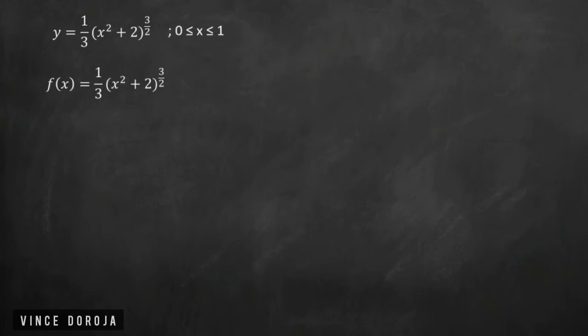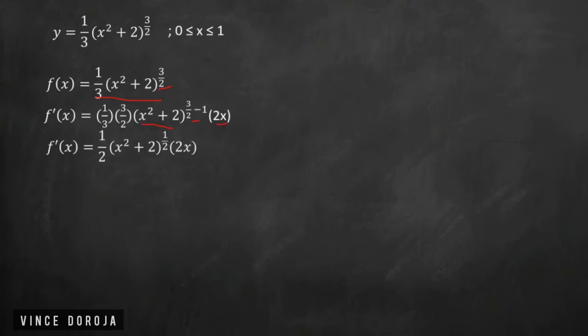Una, ita-derive natin yung given equation. 1/3 times 3 halves times quantity of x squared plus 2 raised to 3 halves minus 1 times 2x. Binaba natin itong exponent 3 over 2 and minus natin siya sa 1, and then na-derive natin na sa loob na ito na 2x. Magiging 2x yan.